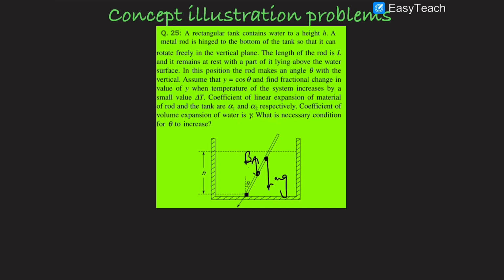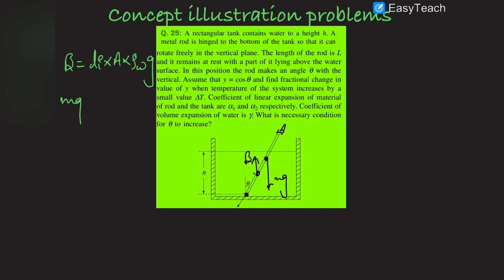Okay, now let us see. I've already drawn the diagram of buoyancy and mg. Now buoyancy will be equal to L immersed into the cross section of this rod, let's suppose we are assuming that the cross section of the rod is A, into the density of the liquid, which is water, rho W into g.